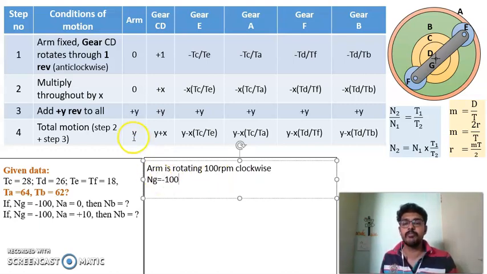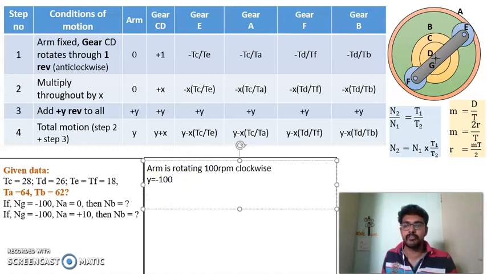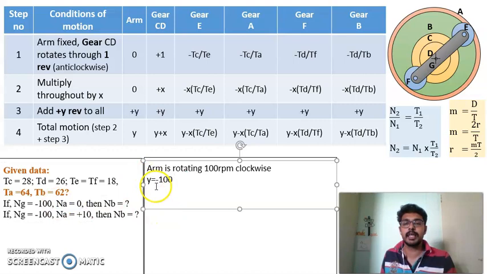Now the speed of arm over here is denoted by y. Therefore it means y is equal to minus 100. So now we have the value for y. Now we need to find the value for x. To find the value for x, we will take help of the second data point that is given to us in the first condition, that is, gear A is stationary. Now gear A is stationary.